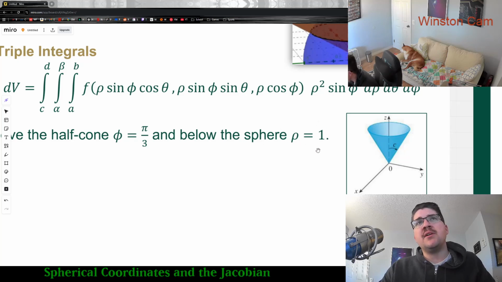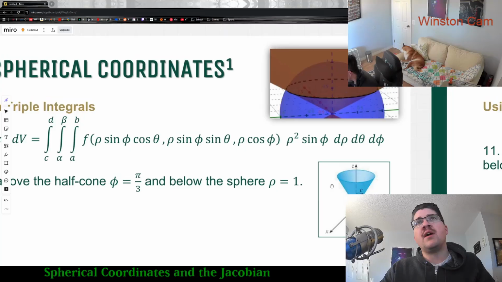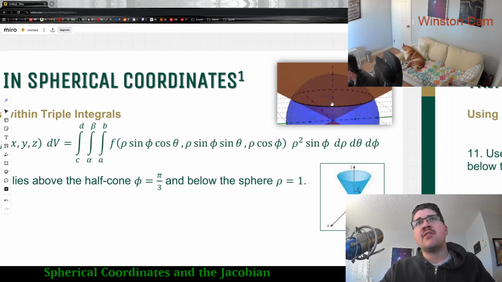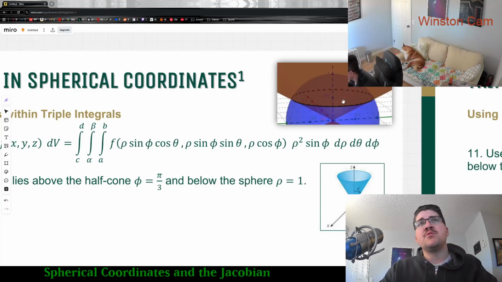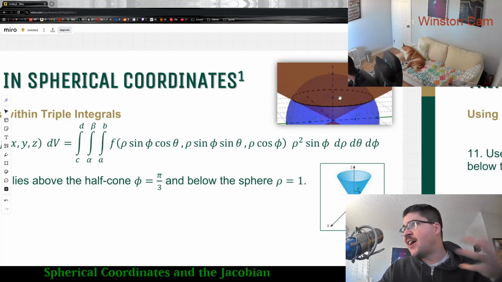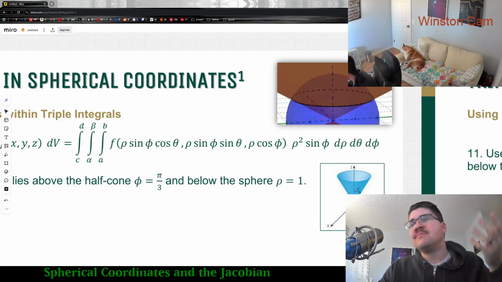It also says below the sphere, rho equal to 1. So in our lecture graphs, I've provided a diagram of this, which we'll open in a minute. Notice our angle from the z-axis down to the cone, which is in brown here, like our ice cream cone, which is why I chose brown.